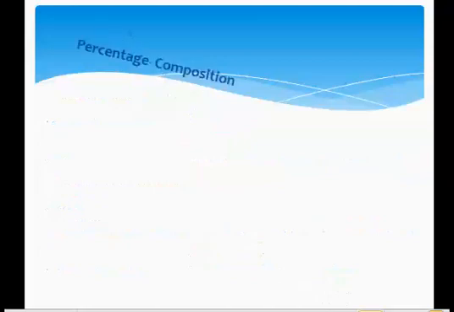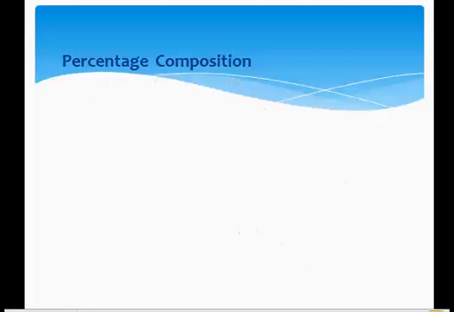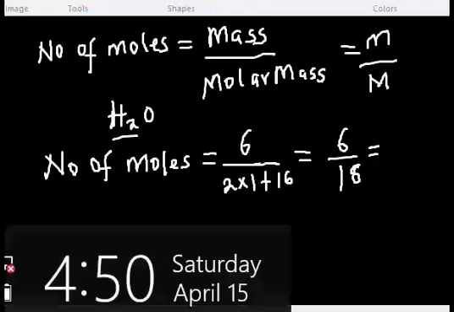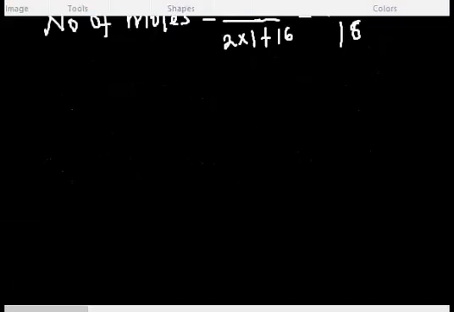All right, so next concept. We'll be talking about percentage composition, or percentage by mass. Percentage composition or percentage abundance of an element in a compound is the percentage by mass of the element present in that compound. If we have a compound that has different elements, let's just take, for example, CaCO3.